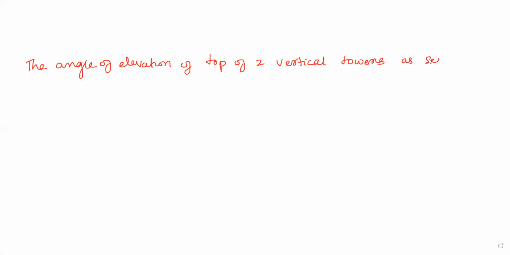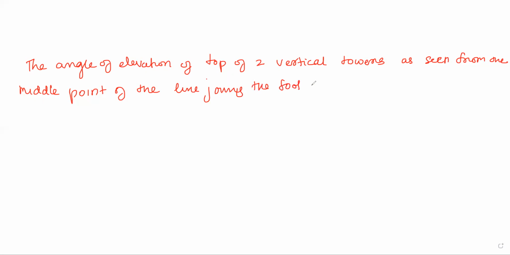The angle of elevation of the tops of two vertical towers as seen from the middle point of the line joining the feet of the towers are 60 degree and 30 degree respectively.